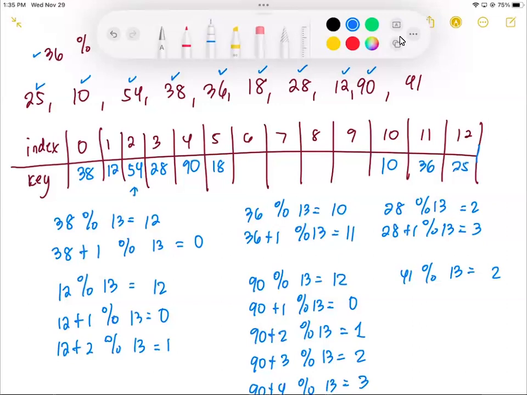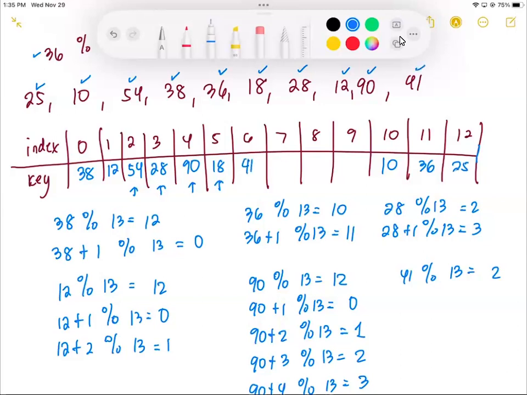We are supposed to add 41 here, but it's not available. So we are going to probe and look for the next bucket, which is the third one, not available. We look at the next bucket again, still not available. Look at the next bucket, which is 5, still not available. So on the sixth bucket, finally it is empty. So we are going to add 41 in there.